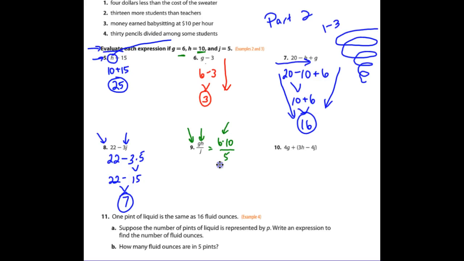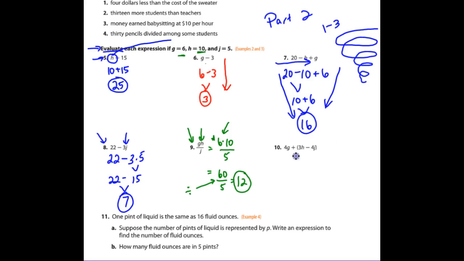Well, we should have previously learned that in a problem like that, you have to simplify the numerator first. 6 times 10 is 60 divided by 5. Right now you divide that out. 5 goes into 6 once. And then you got that 1, which is 10. 5 goes into 10 twice, that works out to be 12. 60 divided by 5. Remember, that means divide.